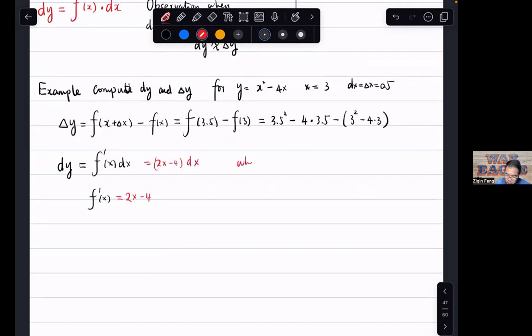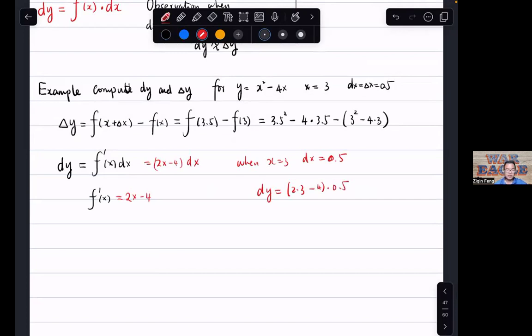So when x is 3, dx is 0.5, and dx is the same as delta x, then dy is 2 times 3 minus 4 times 0.5.